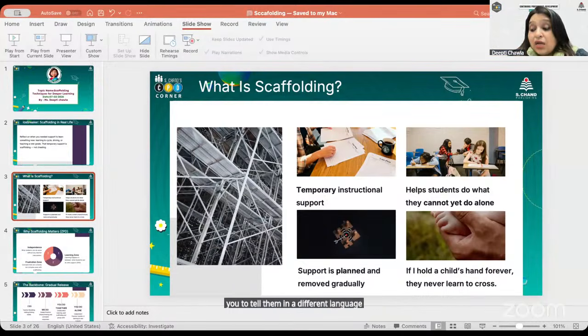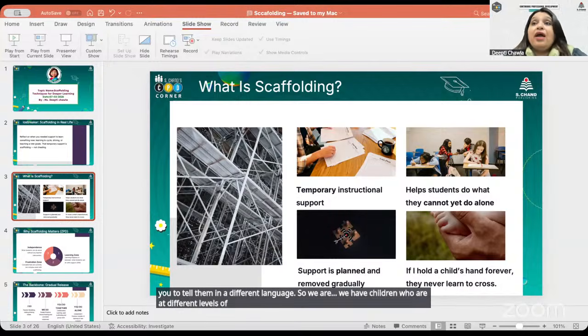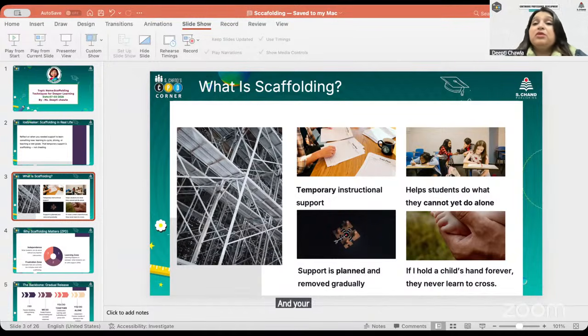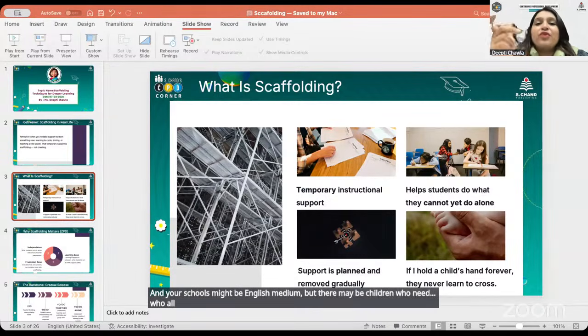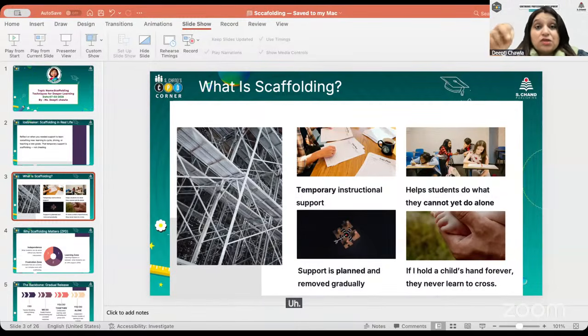So we have children who are at different levels of language. Your schools might be English medium, but there may be children who all they need is just a shift of language. They may want you to talk to them bilingually, or provide them with certain words which are from their home language.